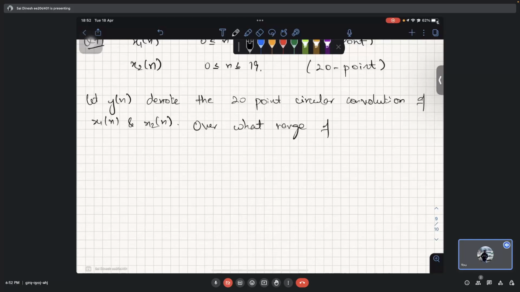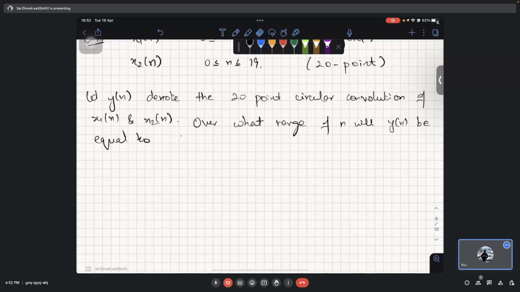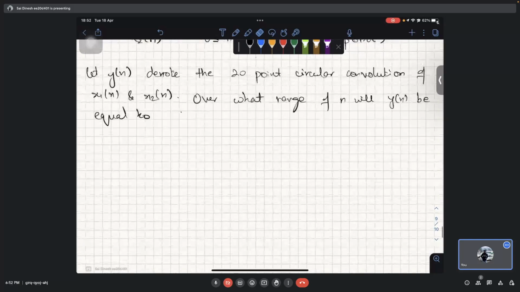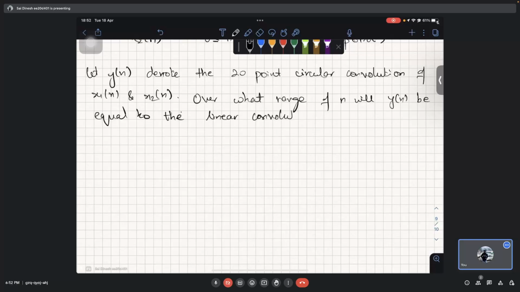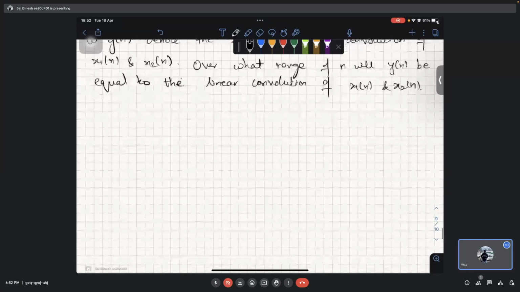Over what range of n will y of n be equal to the linear convolution of x1 of n and x2 of n, right?